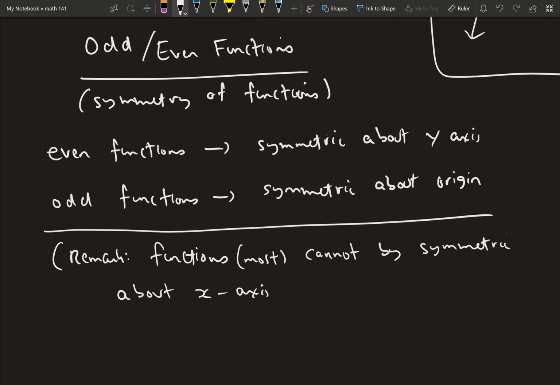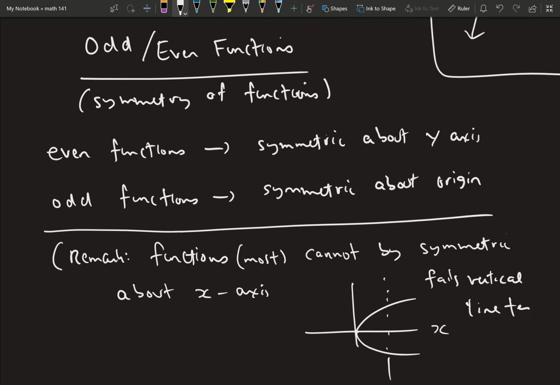And the reason for that, just as an example, if we had something like this, well, this is symmetric about the x-axis, but it doesn't pass the vertical line test. This fails vertical line test, which means it's not a function.